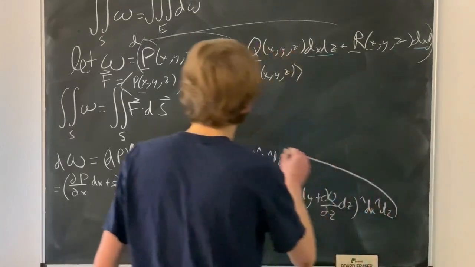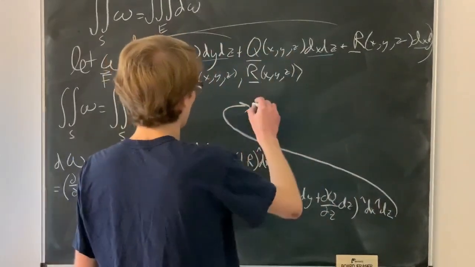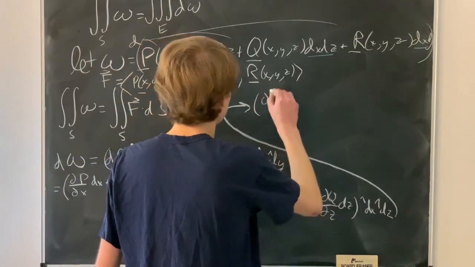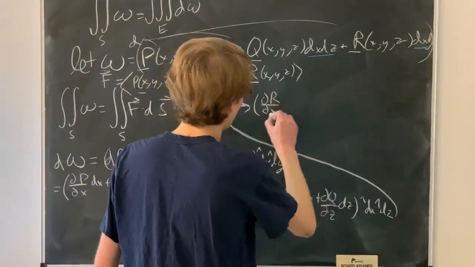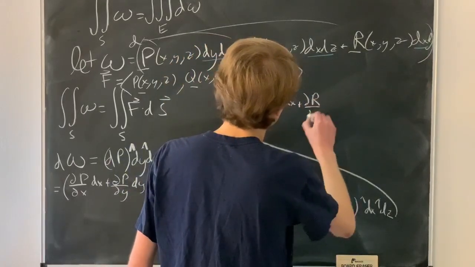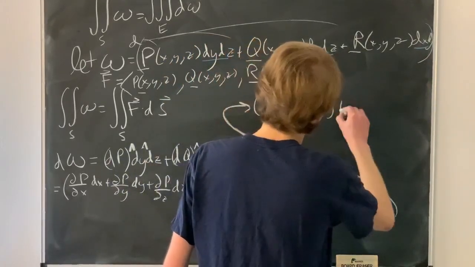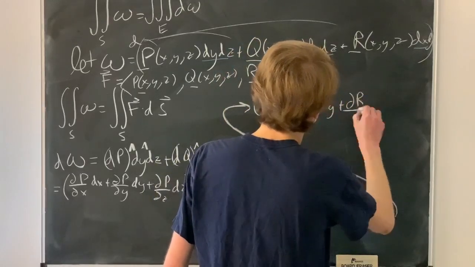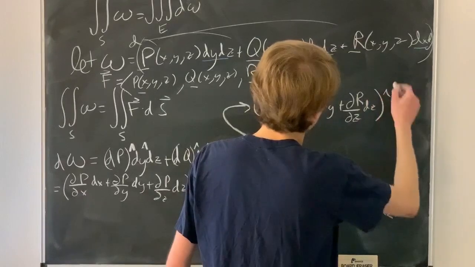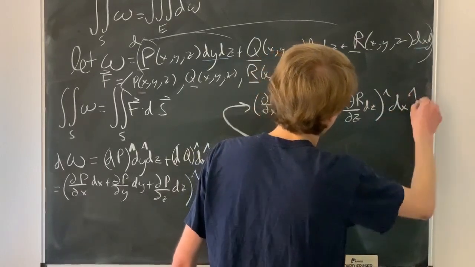And then bringing this guy up here for sake of space, this is going to be del R del x dx plus del R del y dy plus del R del z dz. And we're going to wedge dx, wedge dy.